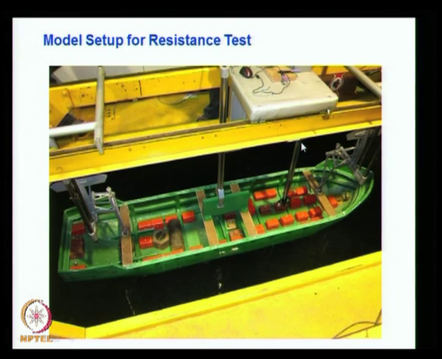When you operate the carriage at different speeds, at each speed you find out the pull coming on this rope, which is measured through the load cell. So that gives the total resistance of the model. That is how the model test is done.